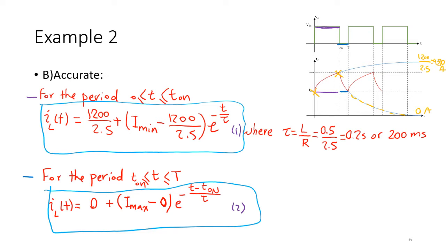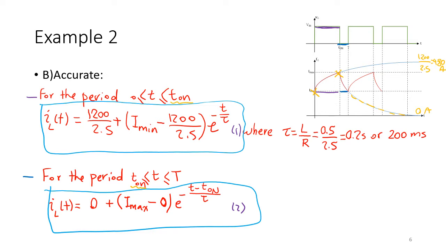And please note that we have greater than or equal and less than or equal at these inequalities. So T on should be correct. The point T on here should be satisfied in equation 2 and also in equation 1. The reason is that there is no discontinuity in the current.